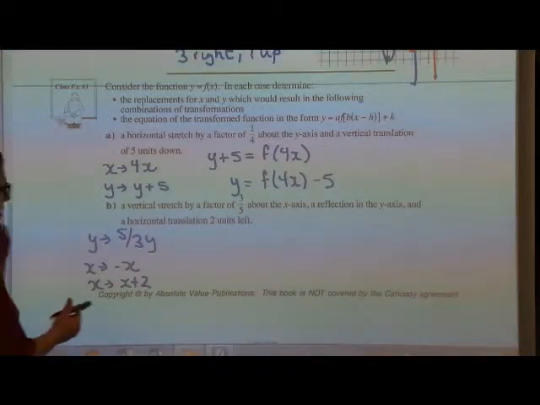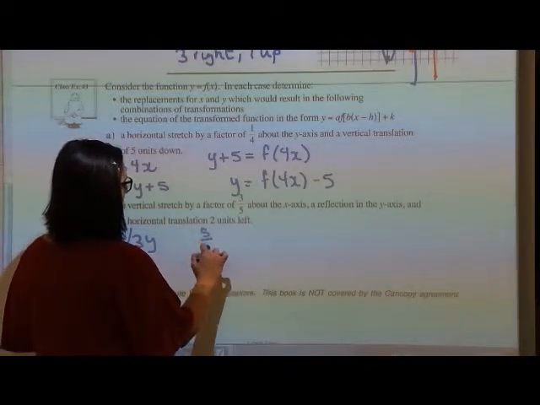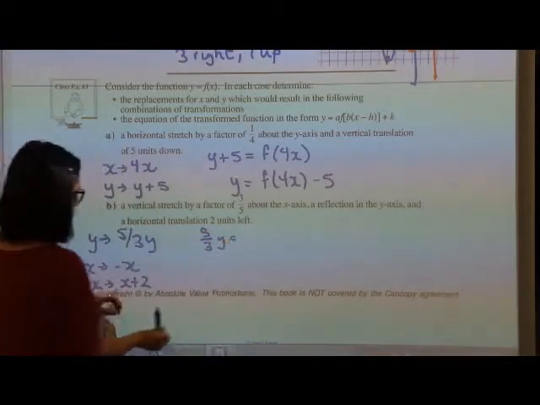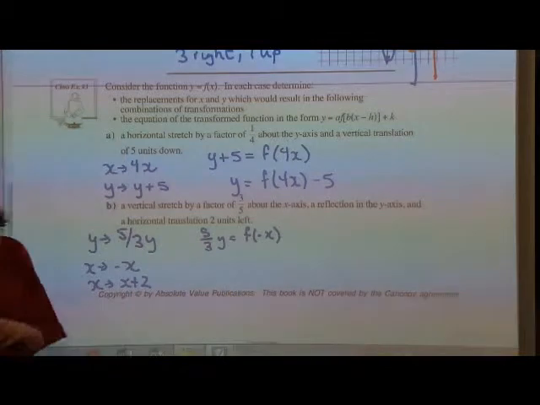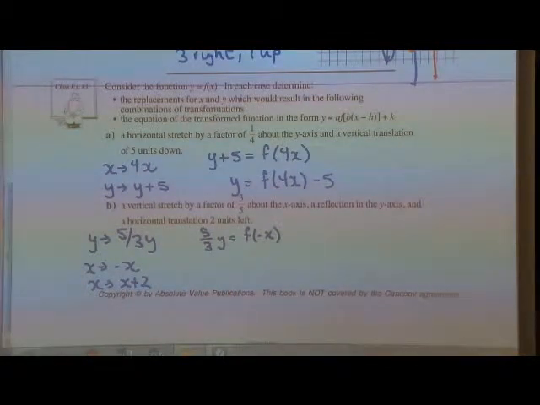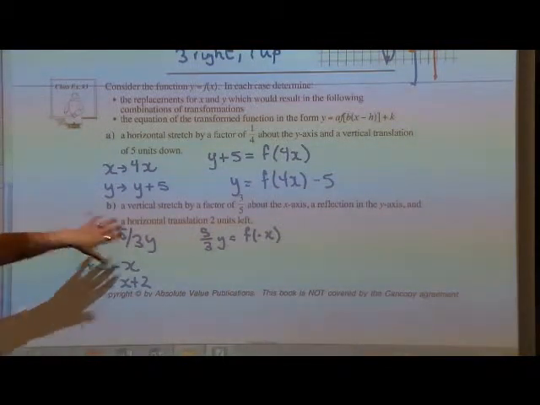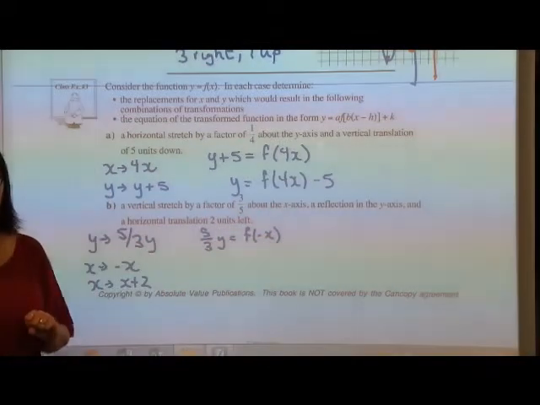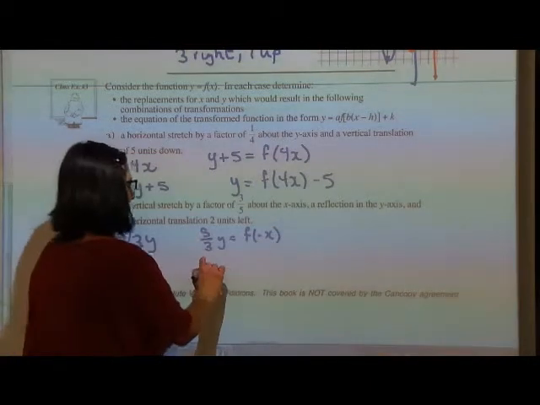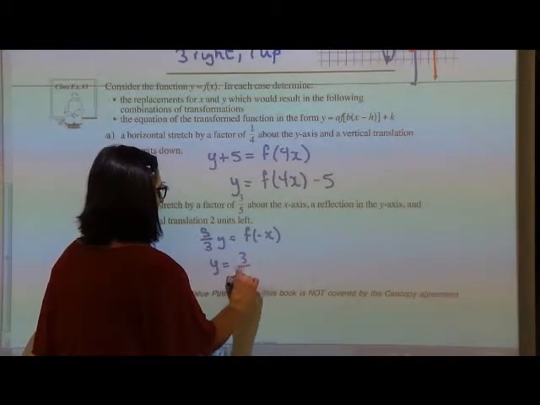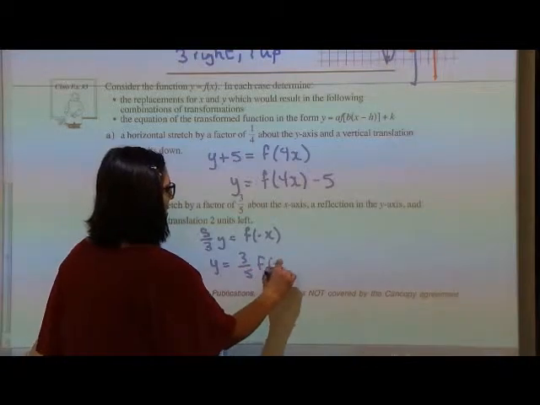Into my equation, 5/3 y equals, and I can go f of negative x. I can combine those two. And then I would move my 5/3 over. So when I move my 5/3 over, what would I have to multiply it by? 3/5. So I get y equals 3/5 f of negative x.